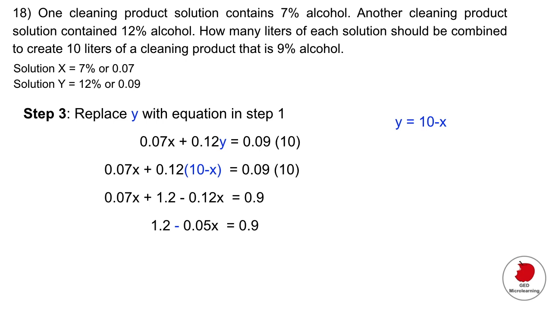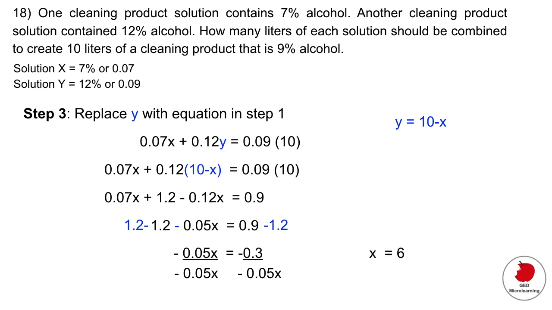Okay, and now it's easier from here. All you have to do is isolate that X value. So on the left side, you would subtract 1.2, and do the same thing on the right side, so that cancels out, and you end up with this. And now what you do is divide both sides by negative 0.05.